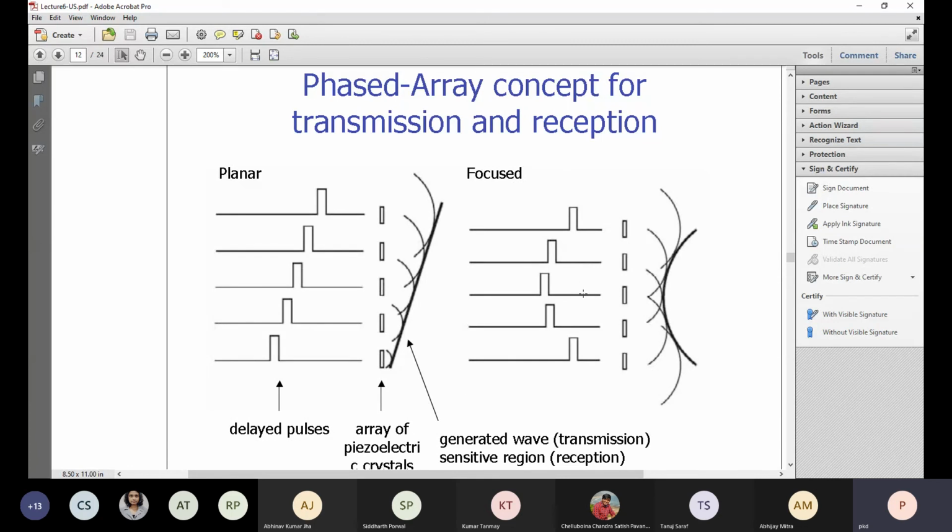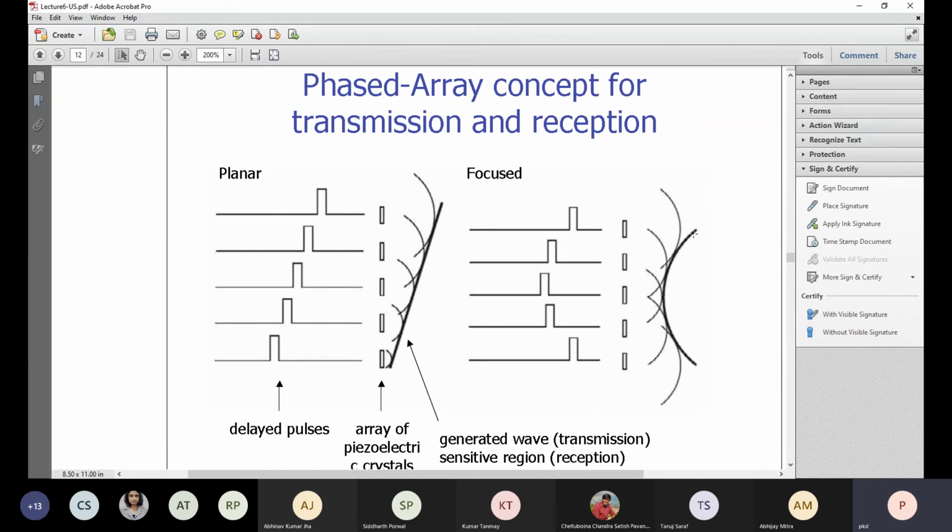The focusing can be done again by varying the delay in this manner: the two endpoints have minimum delay and the midpoint has the maximum delay. That way, this is reaching here at a delayed time.